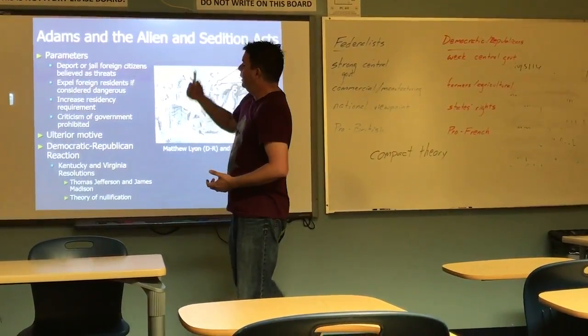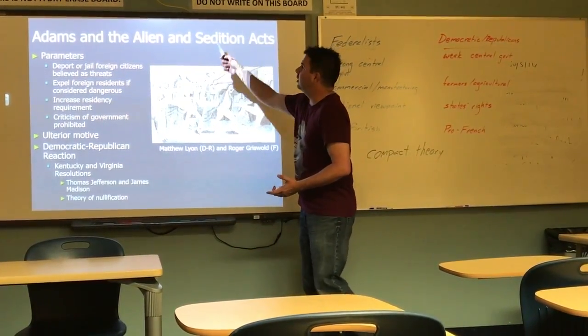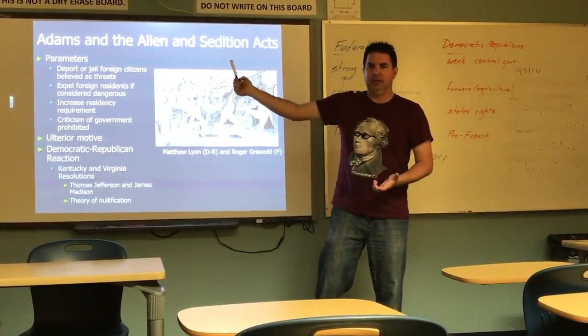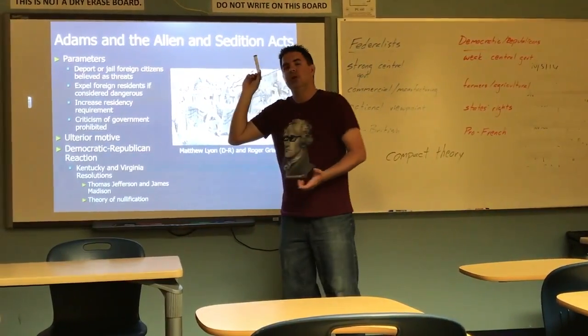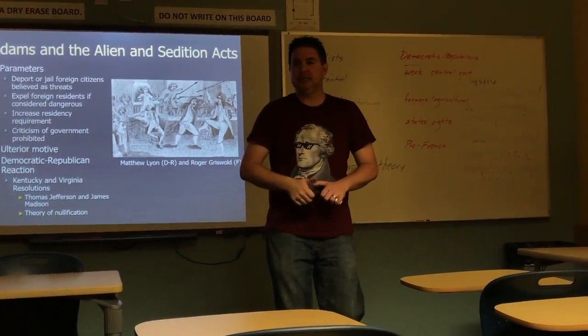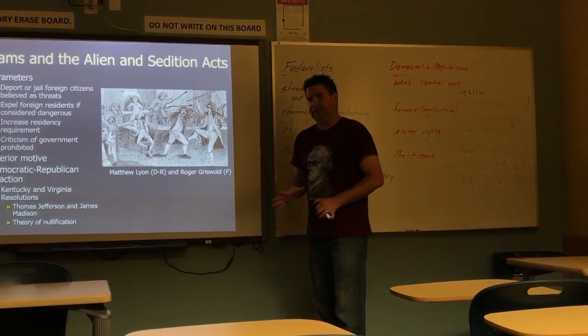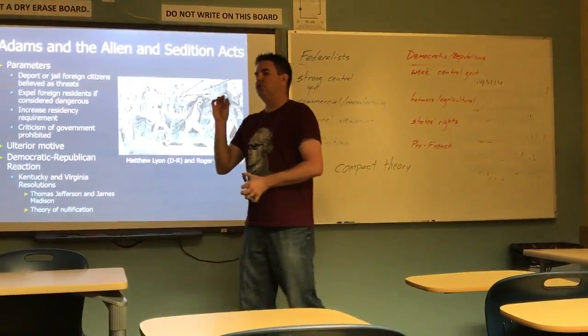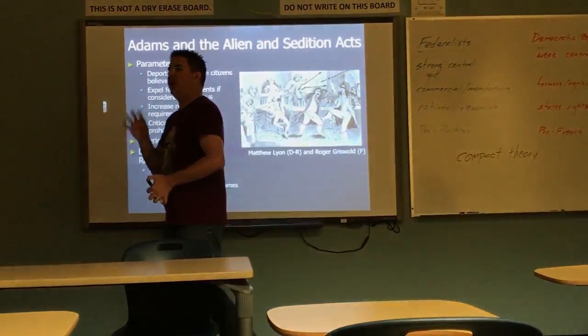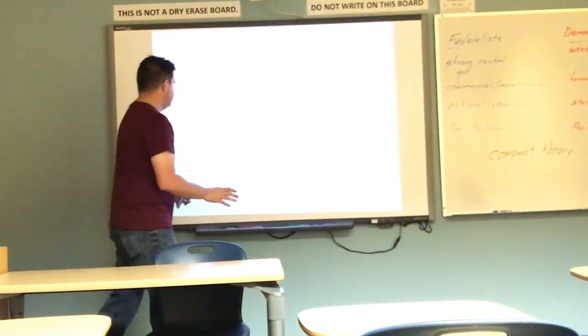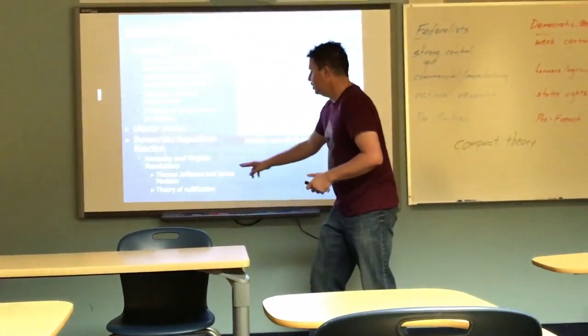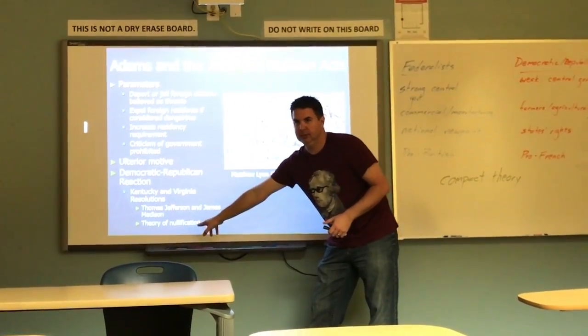But apparently, according to Jefferson and Madison, the federal government has gone too far with the Alien and Sedition Act, especially the Sedition Act. And so, since the states entered in compact, they have the right to determine federal law, and if it is in violation of natural rights, in violation of the social contract, can nullify federal law.